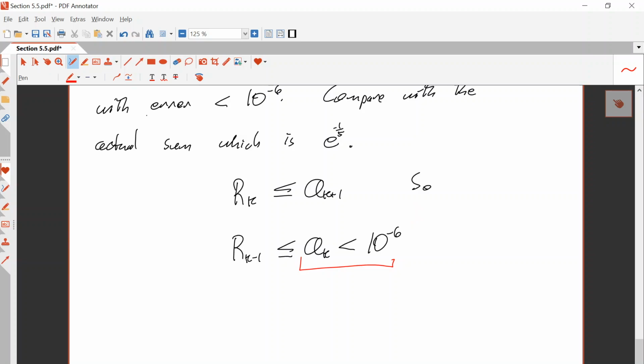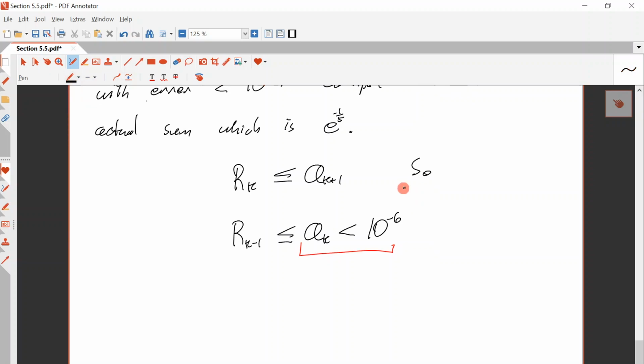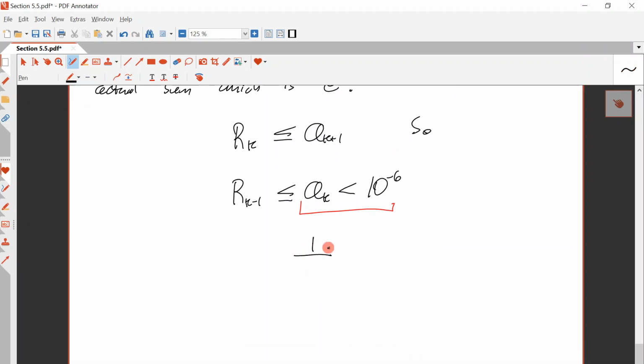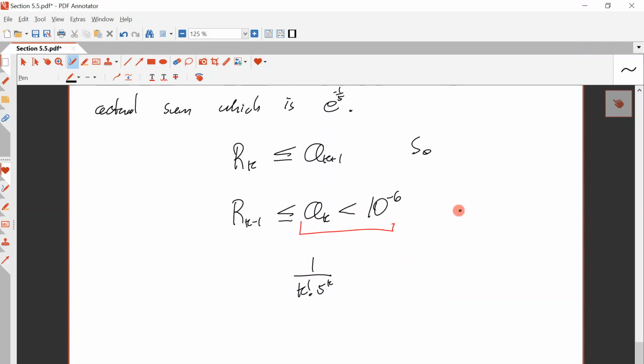So this is 1 over, now of course we've switched letters, k factorial 5 to the k, less than 10 to the minus 6.